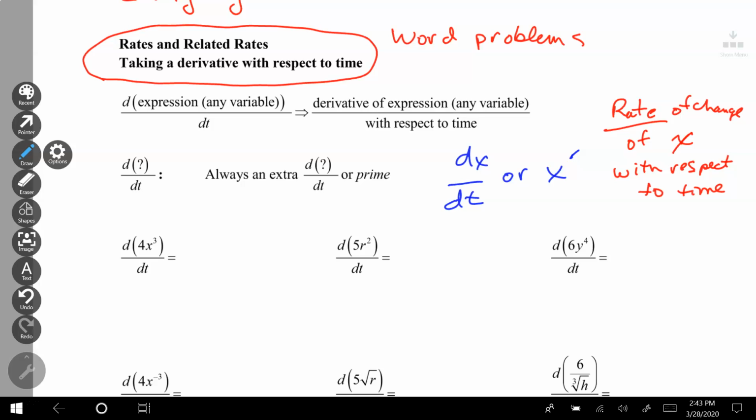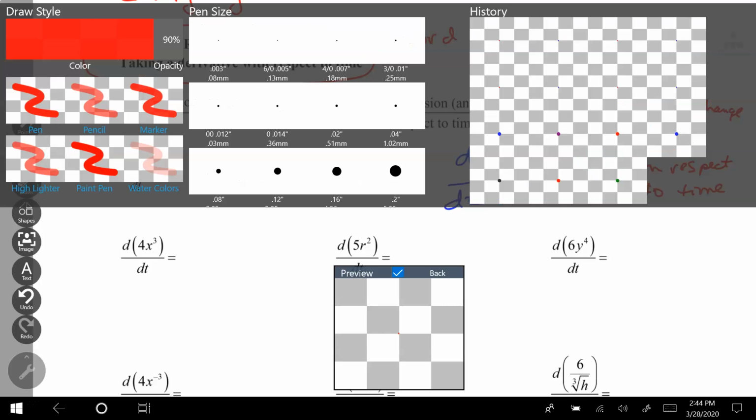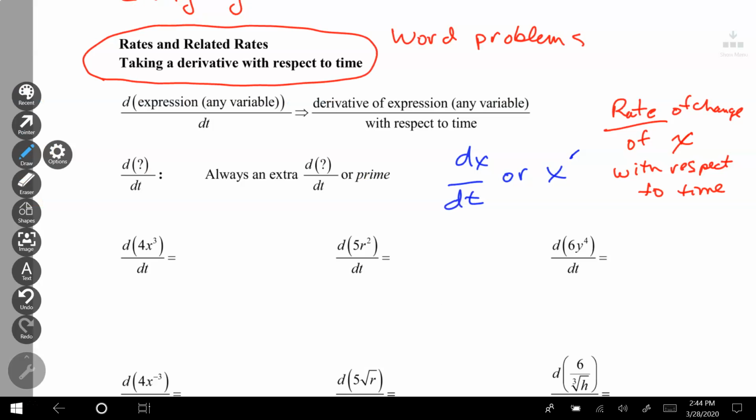So if I want to do these examples, very similar to what I did on top, 4x cubed would be 12x squared, but times dx over dt, 10r times dr over dt, and 24y cubed times dy over dt.